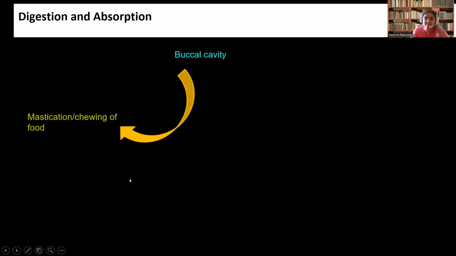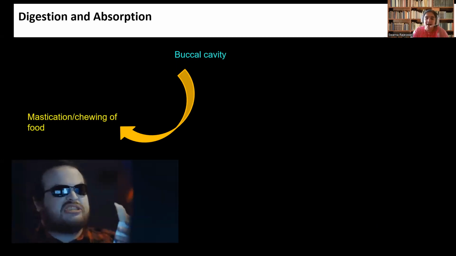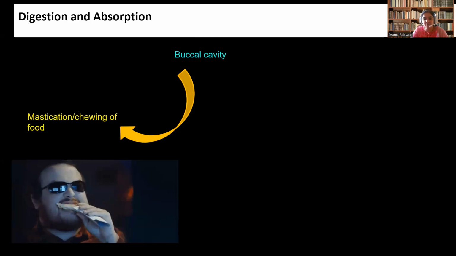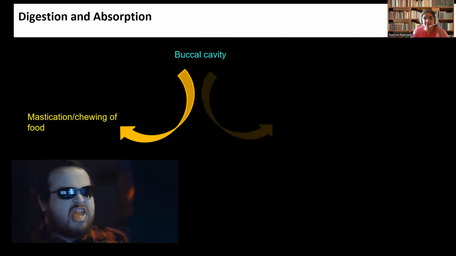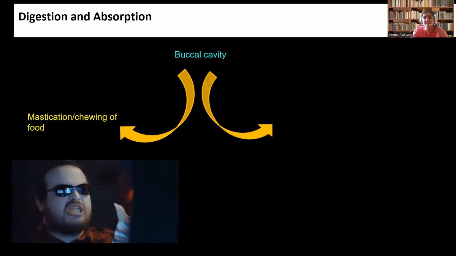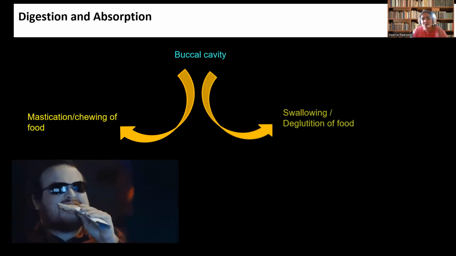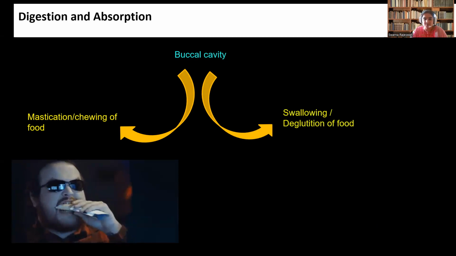Okay, so now when the food is taken inside the mouth, it enters the buccal cavity. In the buccal cavity, the food is mixed with saliva. Along with that, chewing or mastication of the food also takes place. After chewing and mixing with saliva, the food is slowly swallowed through the esophagus.